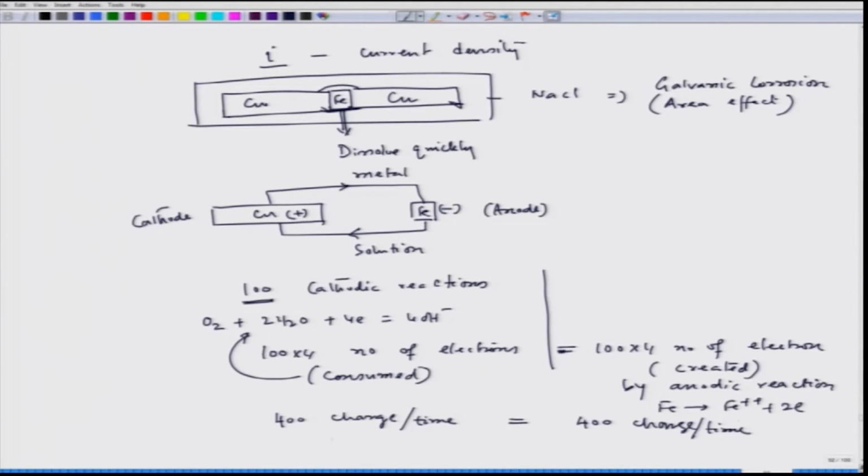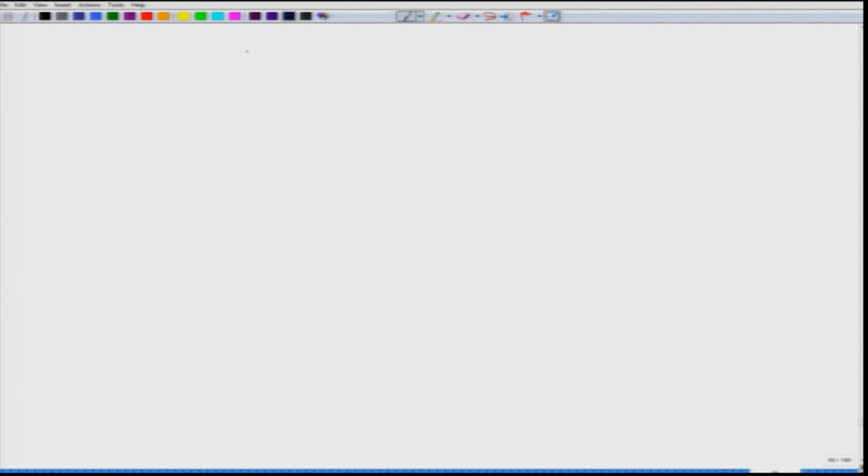So, that means the current, this is I_C equal to I_A, the anodic reaction current. To maintain that, we mention it as the modulus of I_C, taking care of the negative sign. Now, I_C equals I_A.